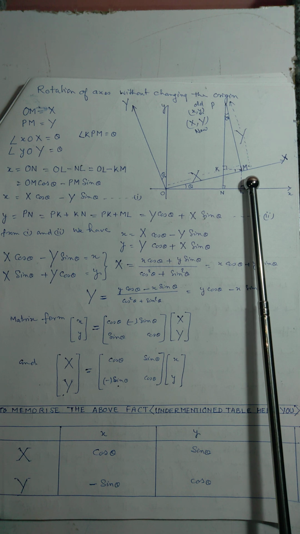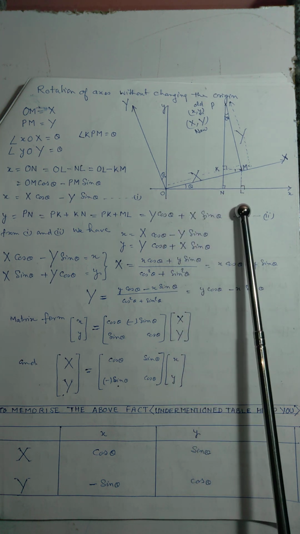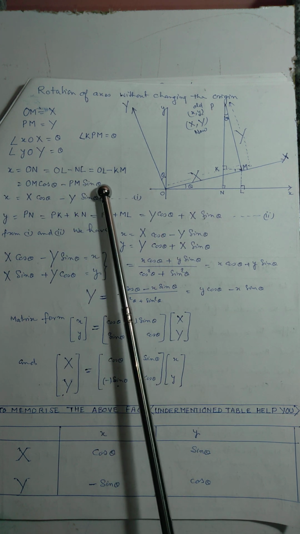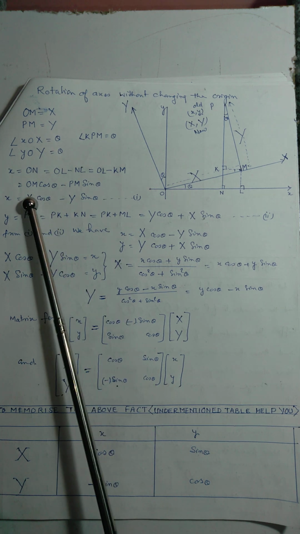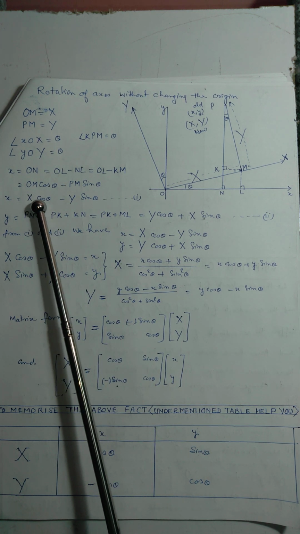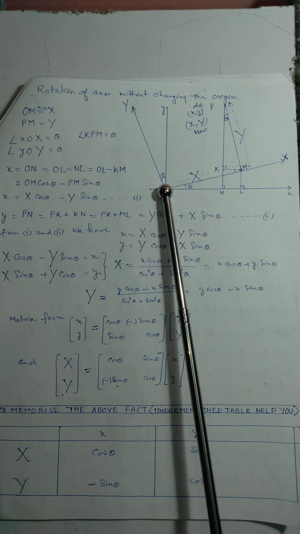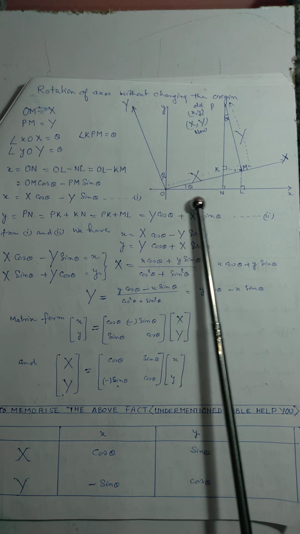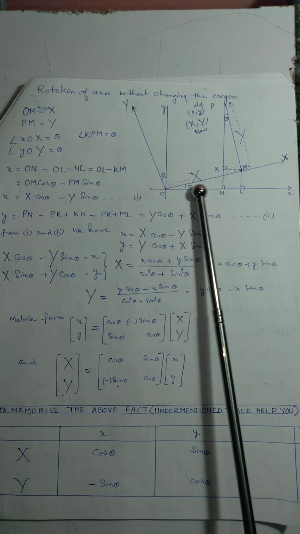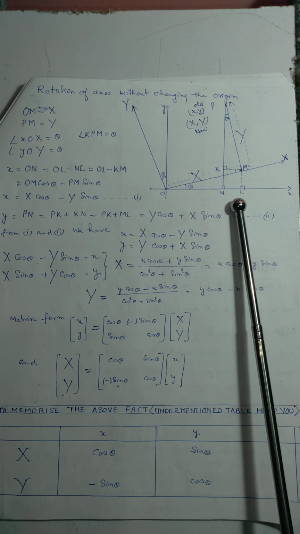NL will be equal to KM. So we have to find out OL. In this right angle triangle MOL, OM is capital X, and we have to find OL.